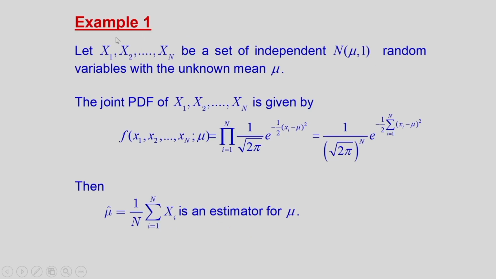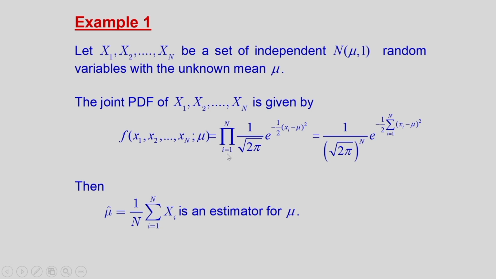Let us give an example, example 1. Let x1, x2 up to xn be a set of independent normal mu, 1 random variables with unknown mean mu. For this normal distribution, mu is unknown. The joint PDF of x1, x2 up to xn is given by the product of the individual marginal PDFs.